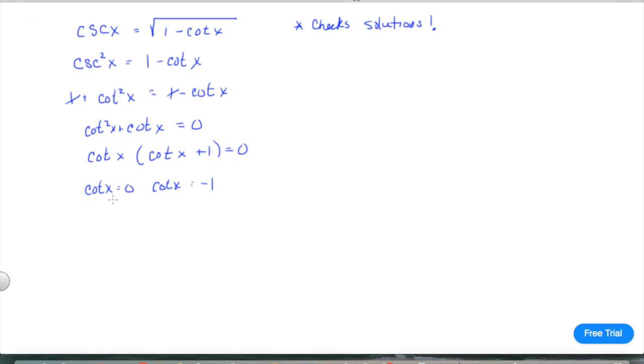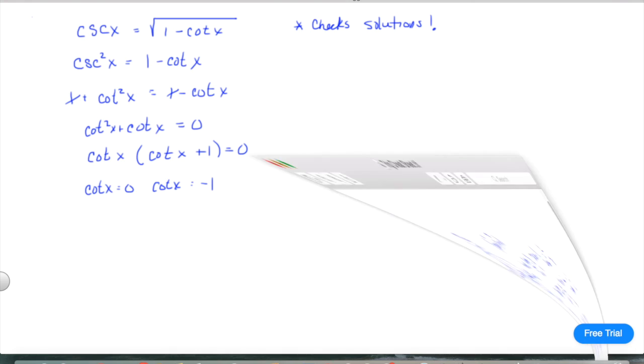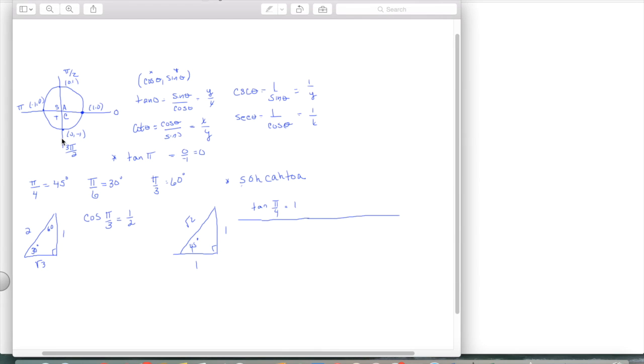So when is cotangent x equal to 0? Well, again, that 0 makes me think on my cheat sheet about the unit circle. So when is cotangent, which would be the x over y, equal to 0? That would be when I have a 0 in the numerator. So when x is 0 would be at pi over 2 and at 3 pi over 2.